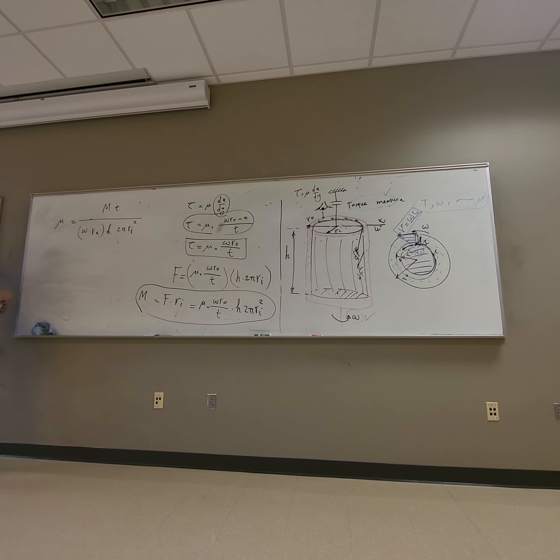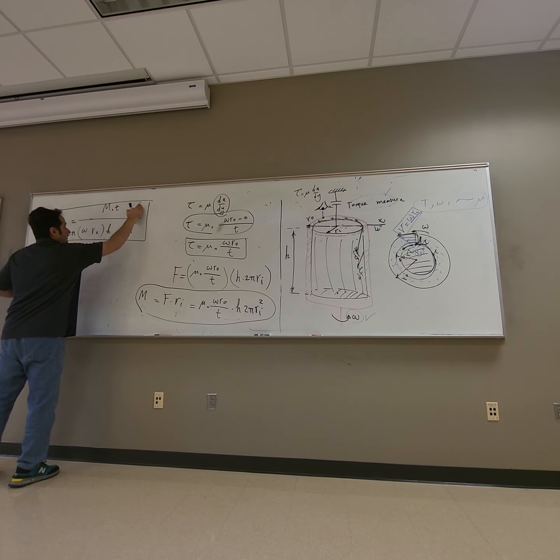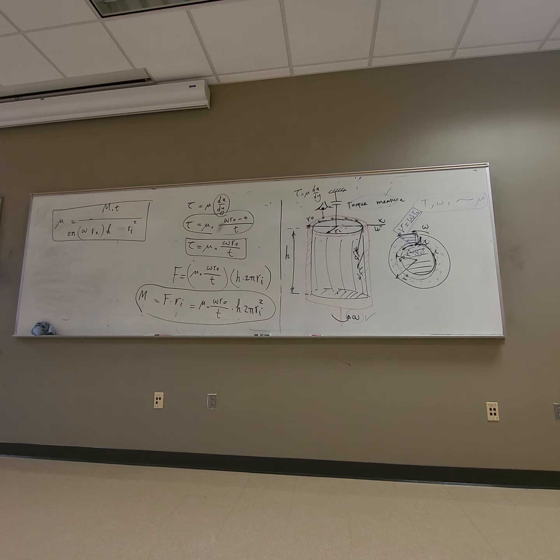So you can bring 2 pi here: mu equals M T divided by 2 pi omega Ro H Ri squared.